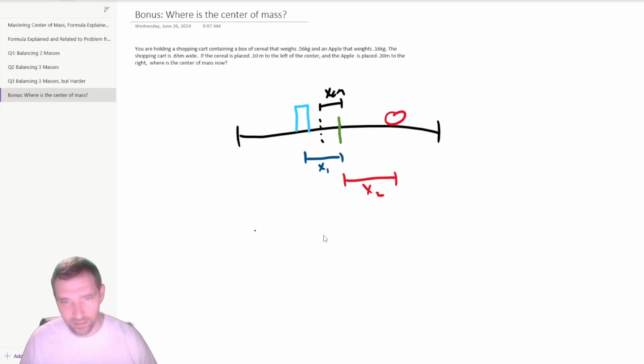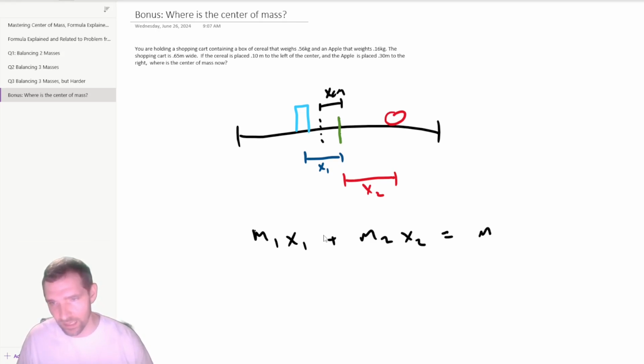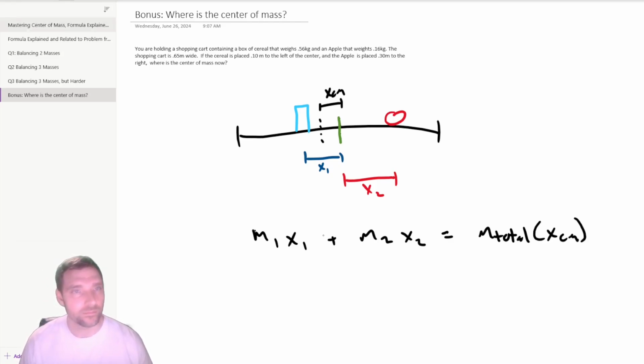So we have m1 x1 plus m2 x2 is equal to the M total times the center of mass's position. And we have a lot of this information. We have that mass, we have that position, we have this position.